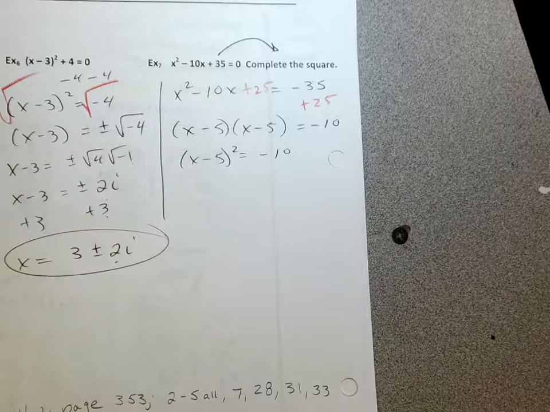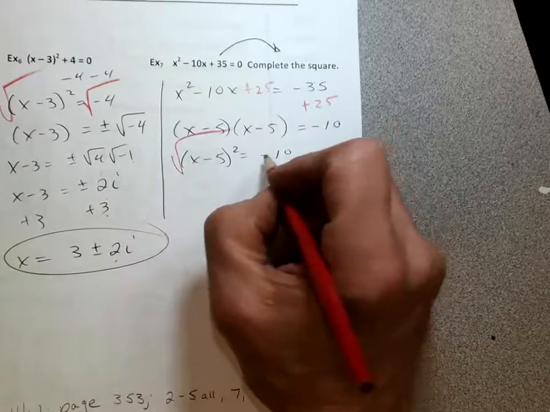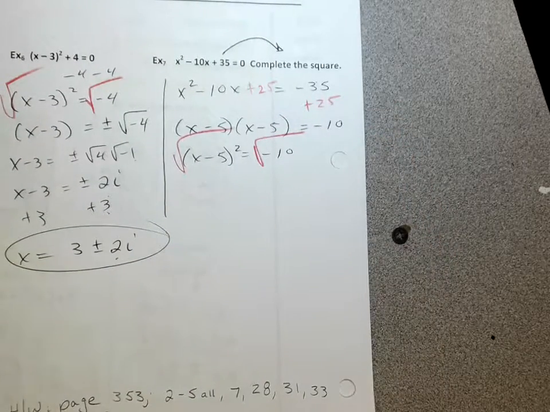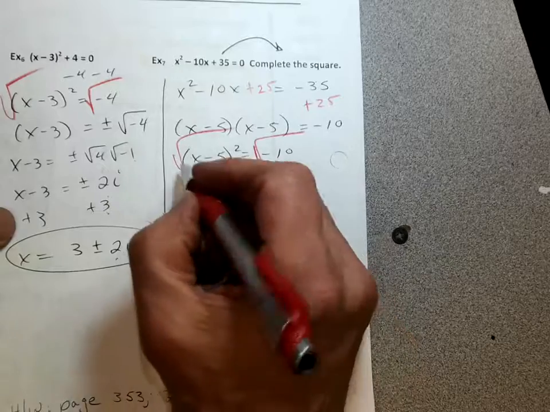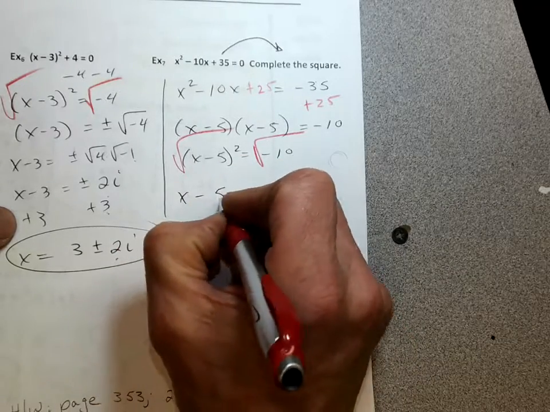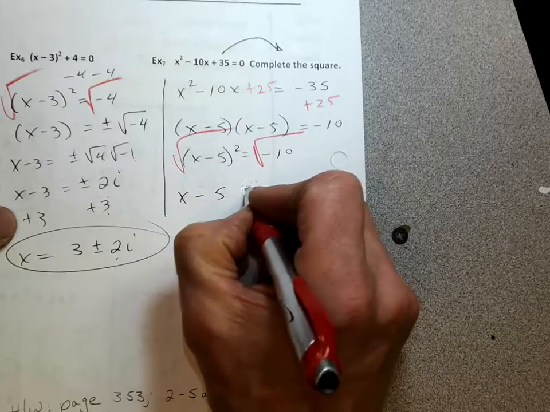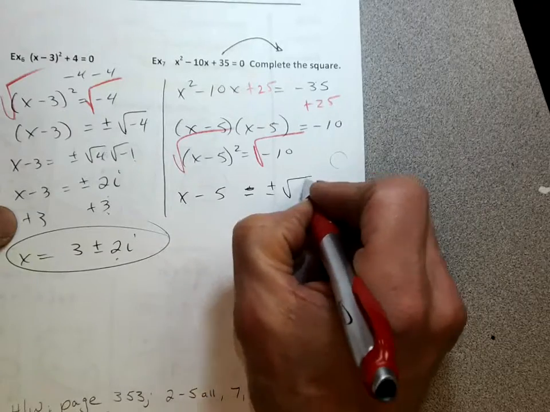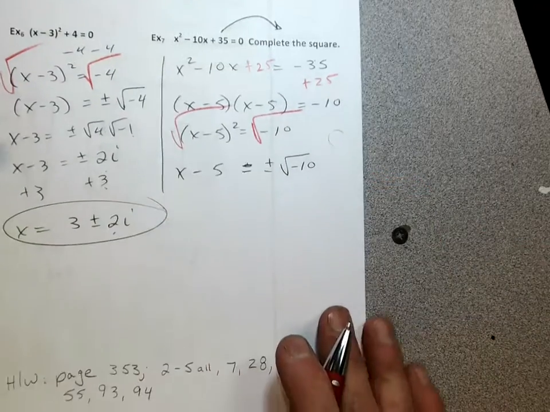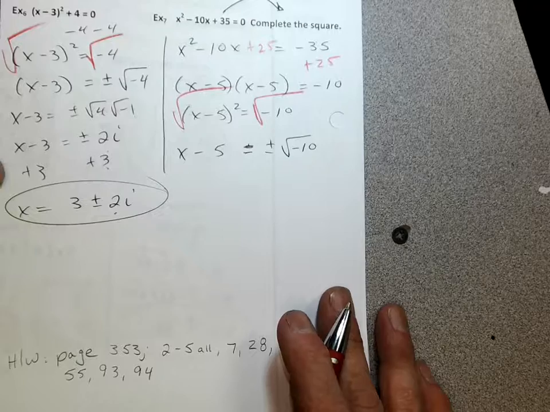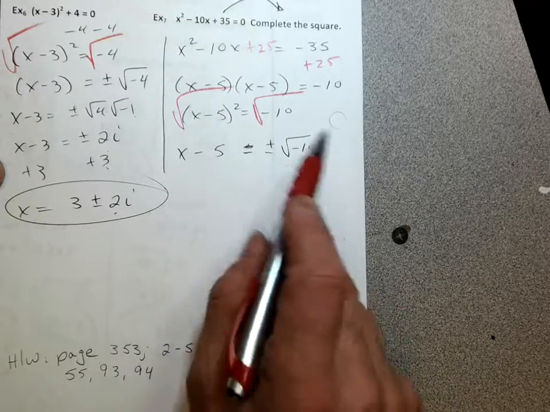And then square root, but I need 2 answers, right? So I'll have x minus 5 equals plus or minus the square root of negative 10, okay? I'm going to deal with this next.